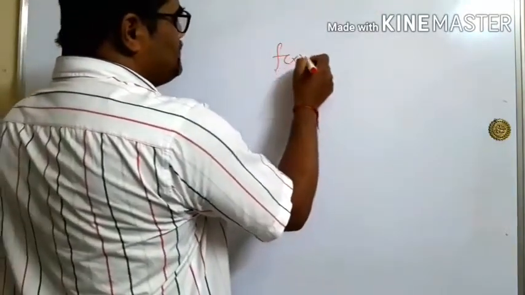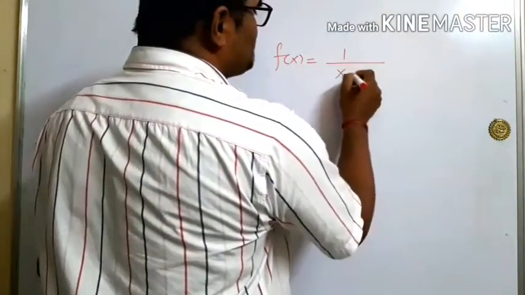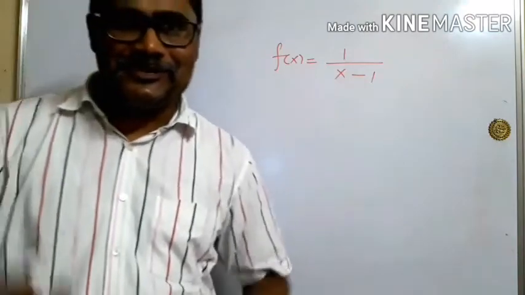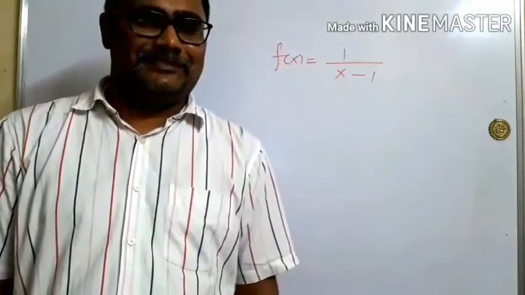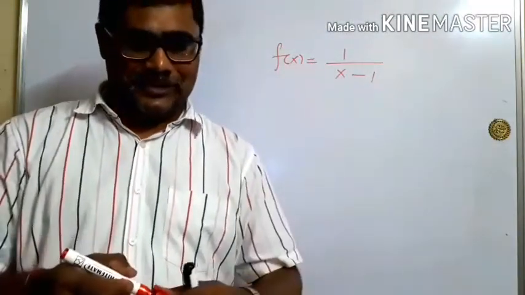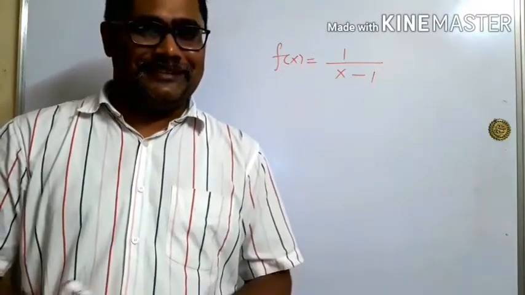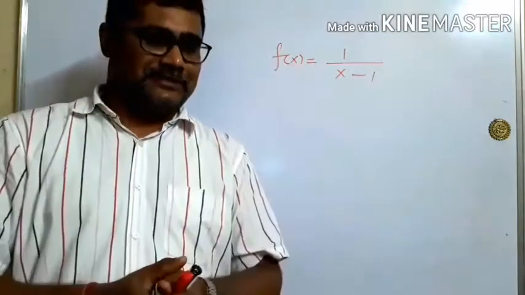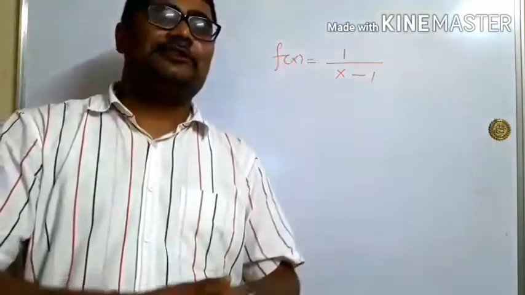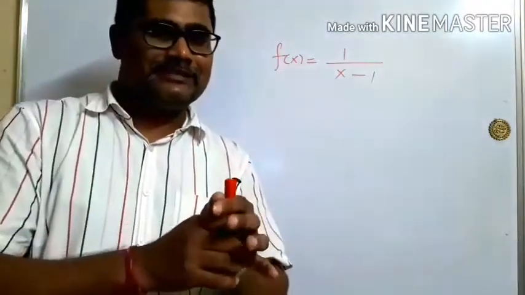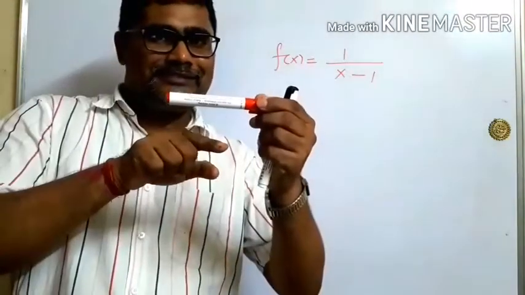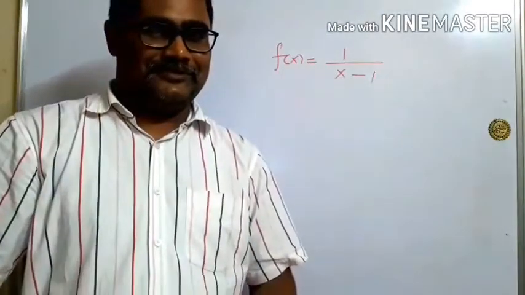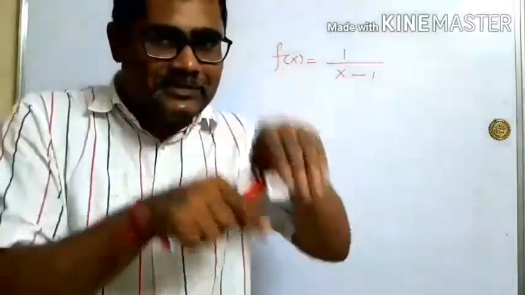Suppose I give you f(x) equal to 1 by x minus 1. What would you say? I need the domain. Now you have got an idea. If I have a fraction, then that fraction will not be defined if I get 0 in the denominator, right? So you have to avoid the 0 in the denominator.